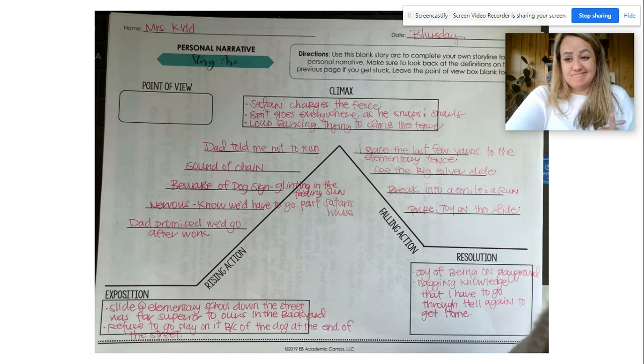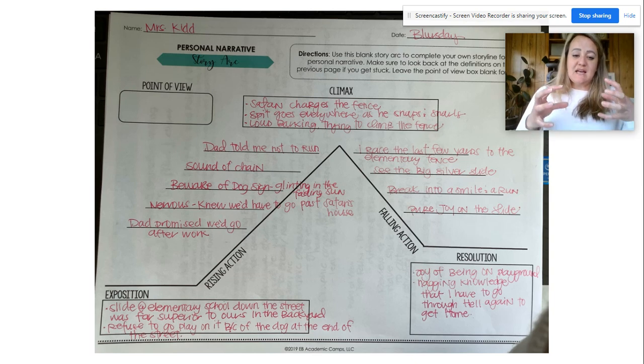But the problem was, I had to walk past this house on the corner where this ferocious dog lived, seriously guys, ferocious. His name was Satan, so that was telling, right? And he scared the living daylights out of me, and I absolutely hated that I had to walk past this house to get to the elementary school.